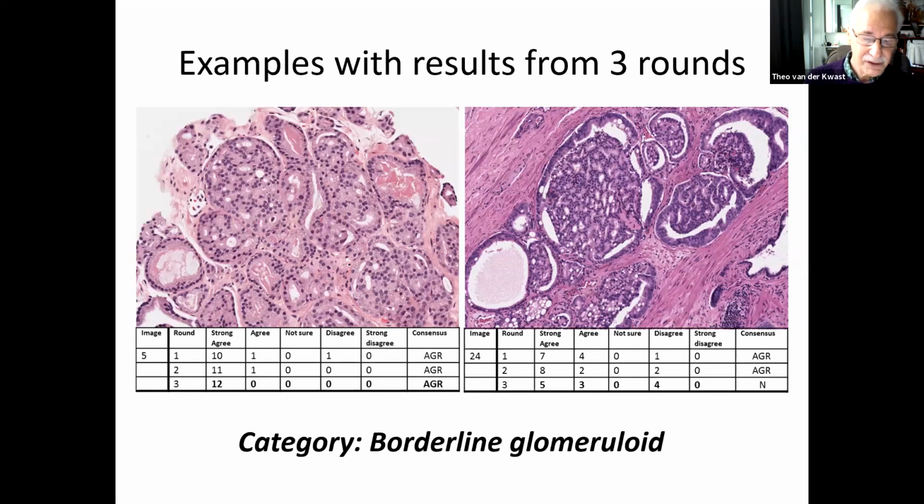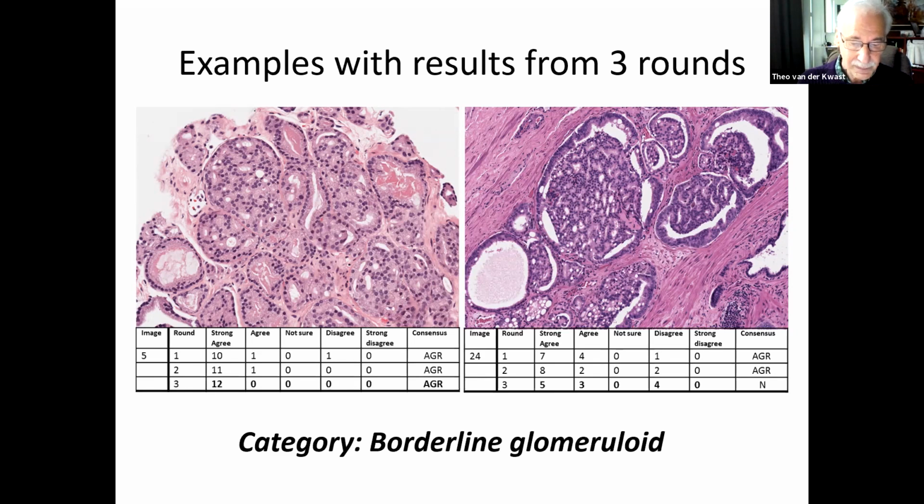Another category with a lot of controversy is the borderline glomeruloid pattern. Some believe that glomeruloid pattern can evolve into cribriform over time, although more recent literature argues against this notion. For the image on the left, where the glandular space is entirely filled with cribriform pattern, consensus agreement with cribriform was obtained in all 3 rounds.